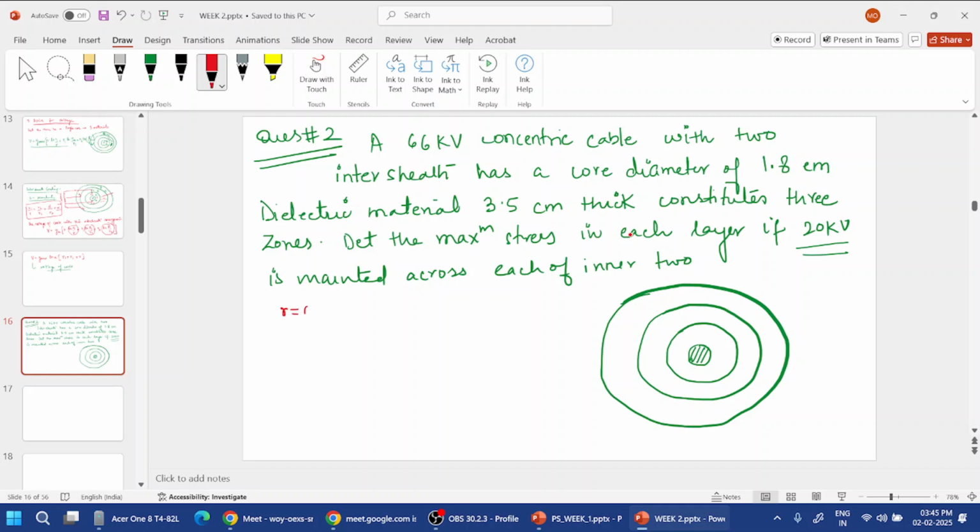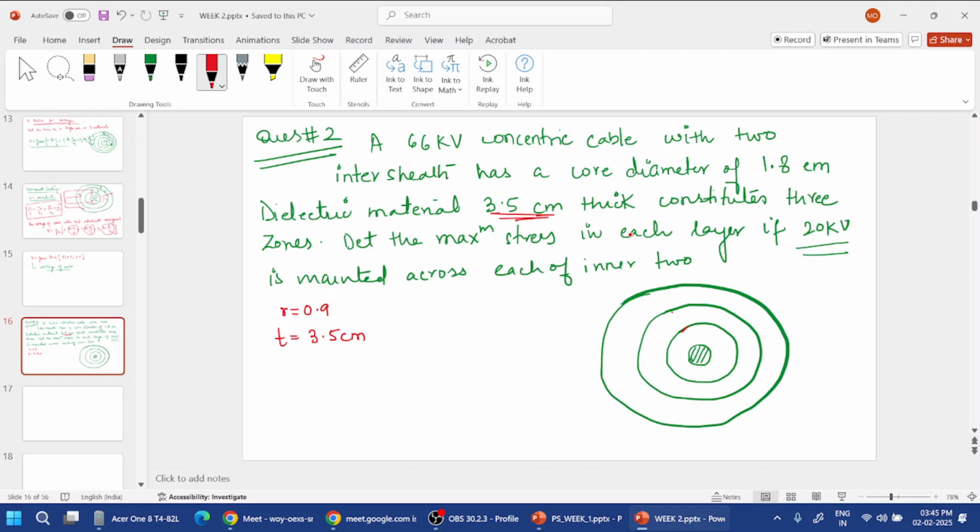Small r is 0.9, the thickness is 3.5, three zones. These two are intersheaths, this one and this one.